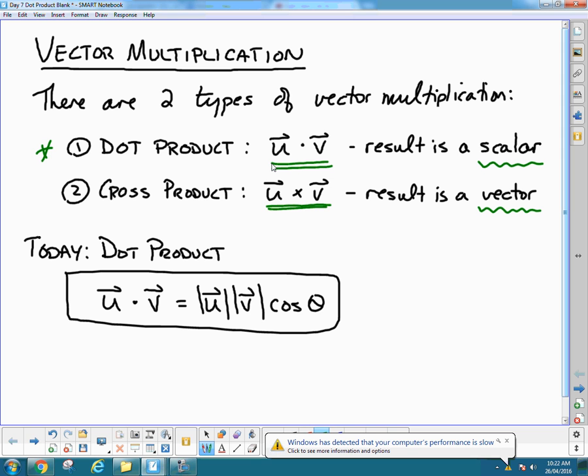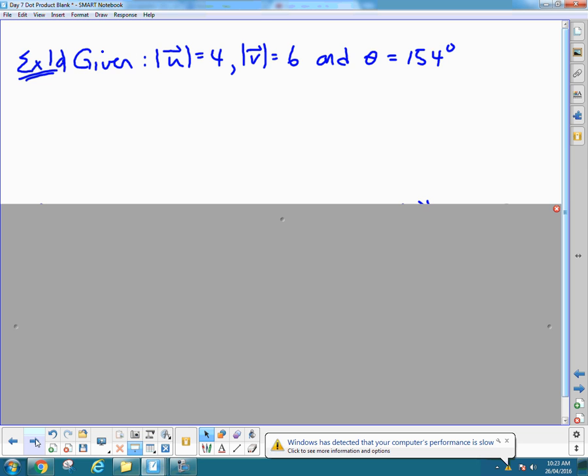It does come from projections, but really what we need to do is recognize that this is how we calculate the dot product. We'll do some more exercises later on to find out where this comes from, but for now we're just using this concept that u dot v is the magnitude of u times the magnitude of v times cos of the angle in between them. So we'll move on to an example.